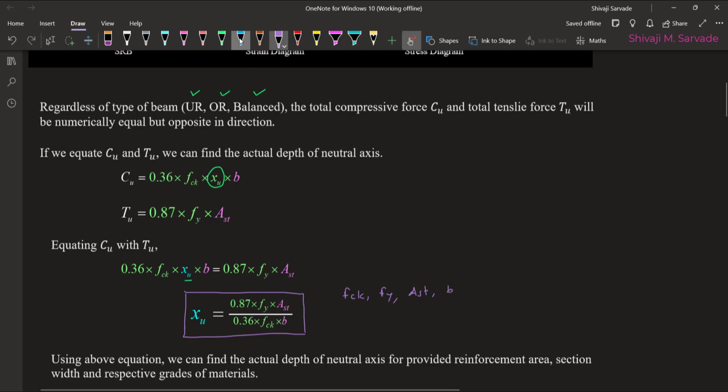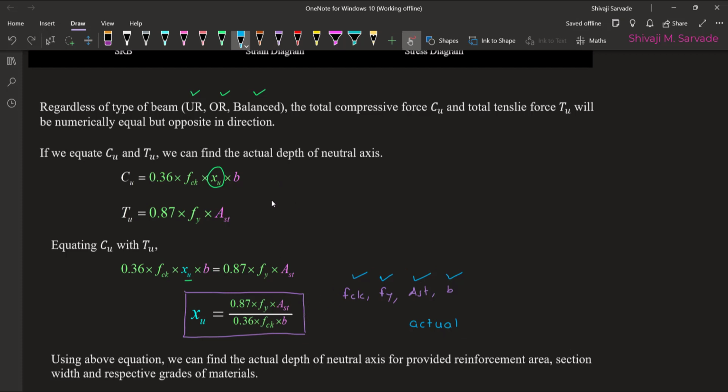If I know the grade of concrete, the grade of steel, the provided area of reinforcement, and the width of the section, I can find the actual depth of neutral axis. So this is a very important calculation, and this formula you must remember.